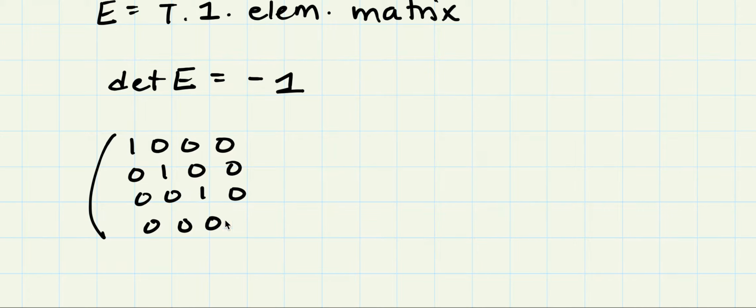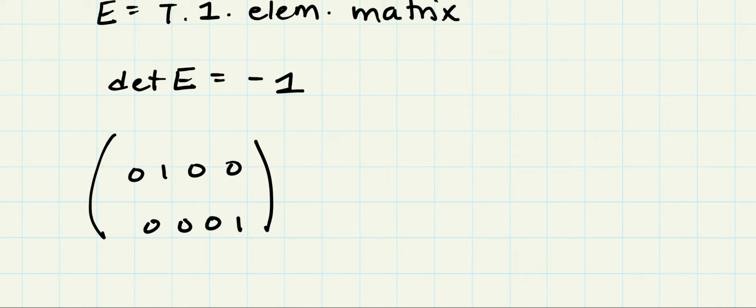This is the 4x4 identity matrix. Switch any two rows. So how about we switch this one with this one? So we get 0, 0, 1, 0, then 1, 0, 0, 0. And let's say we take the determinant. This is an elementary matrix of type 1. What we need to do is pick a row or a column.